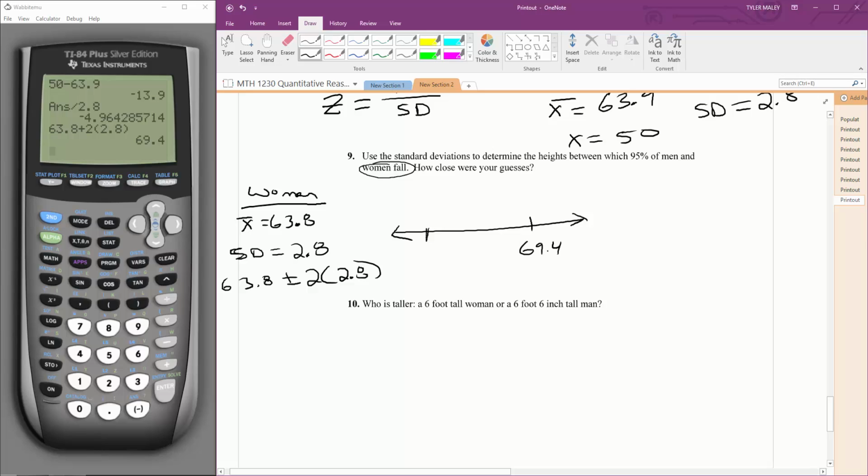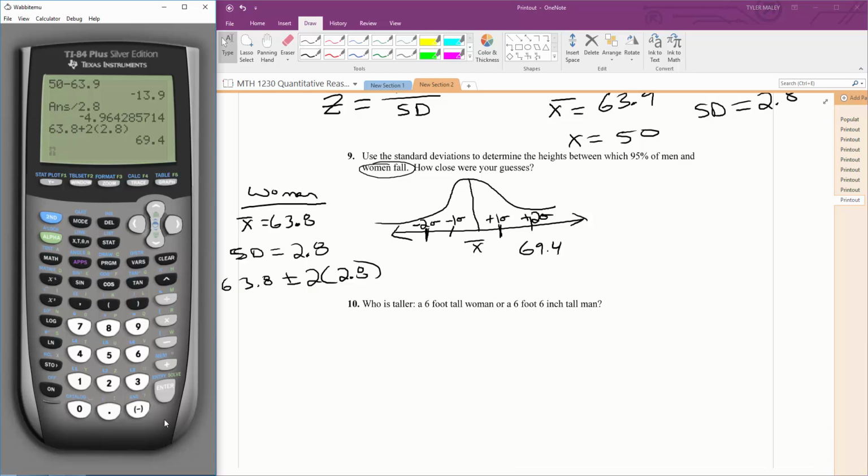And then we need to find what's over here, right? So if you want a visual, here's x bar, here's plus 1 sigma, plus 2 sigma, right? That's what I found here. And then this would be minus 1 sigma, minus 2 sigma, from the diagram. So to find the other one, we just need to subtract. So same thing, but subtract. Get 58.2.